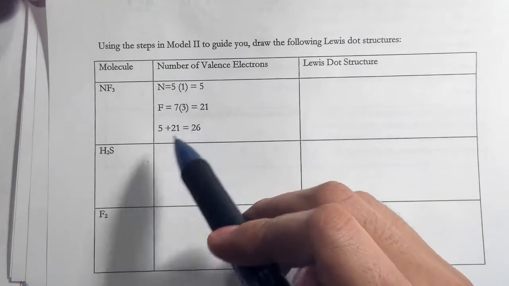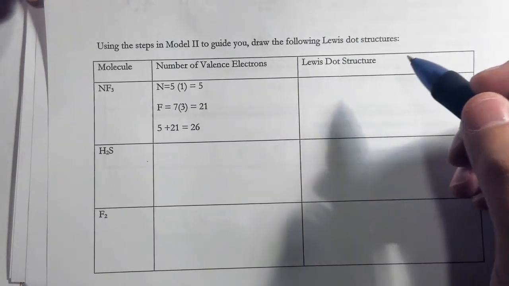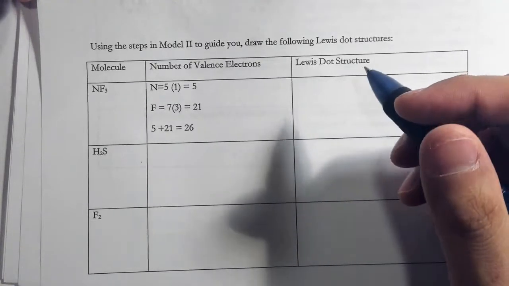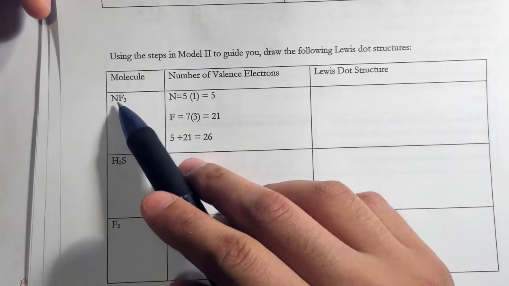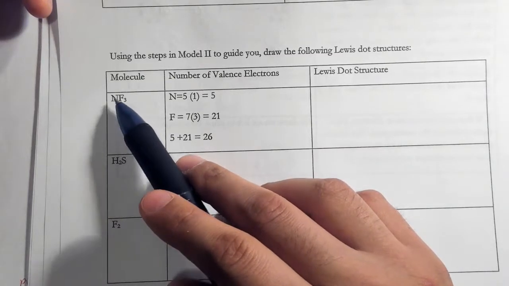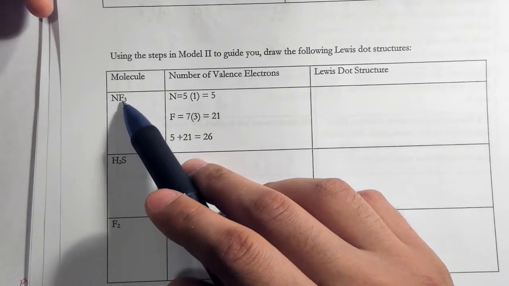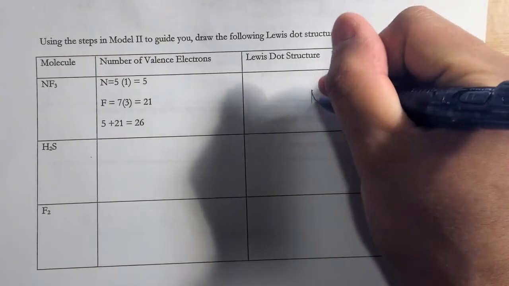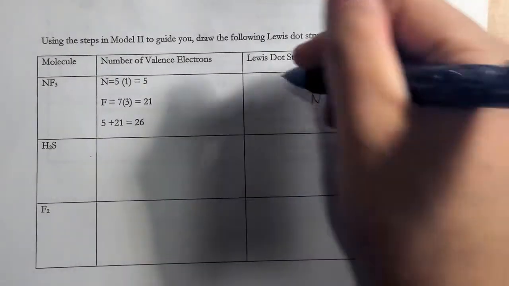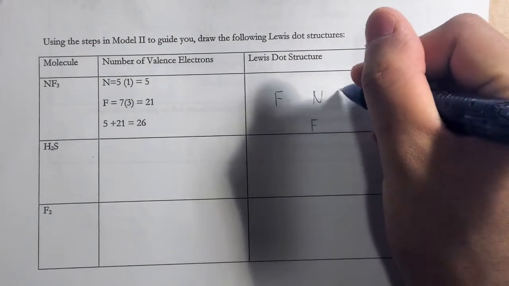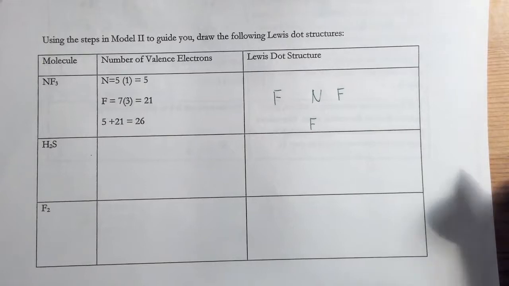And then the next step is to find out which one is the central atom. Like I said, whichever is on the left side of the compound, or the one that has the fewest, would be your central atom. So N, nitrogen, would be your middle, and F will surround it.